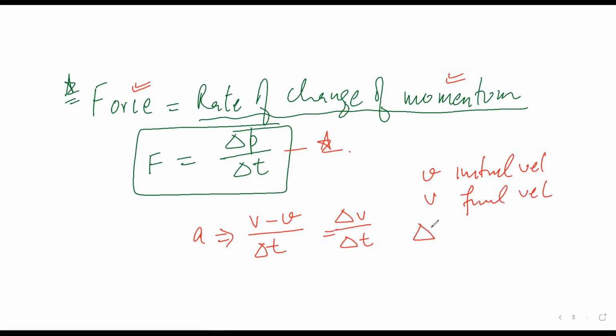This is the symbol of delta, and usually this signifies change. So delta v implies the change in velocity, and delta t implies the time in which this was brought about. Have you understood?